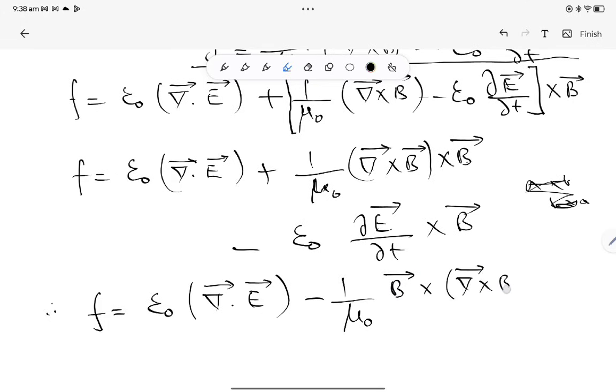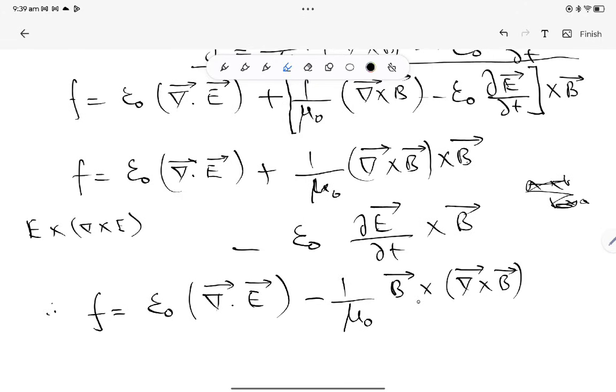Why have I done this? Because I already know, in part first, we learned about a vector identity. It was E cross del cross E, and we know now its value from part first. Similarly, the same thing applies to magnetic field.